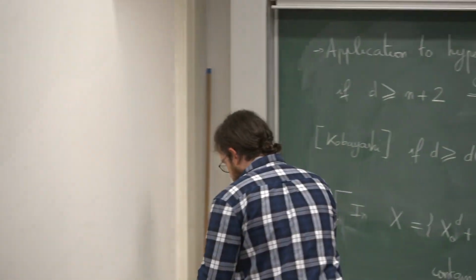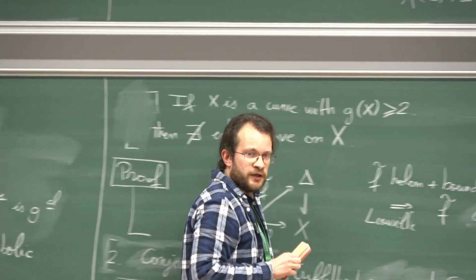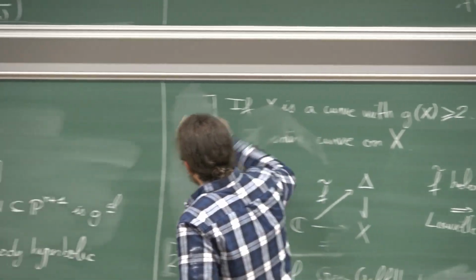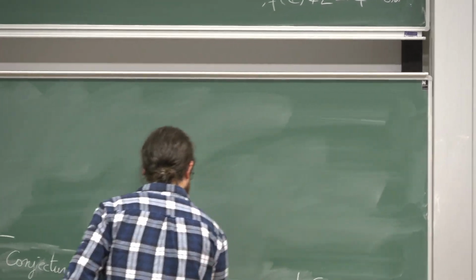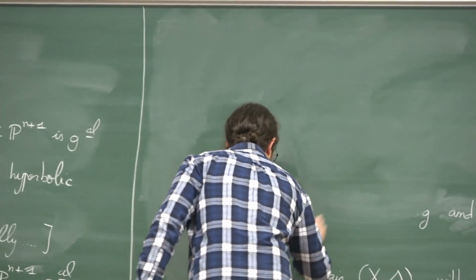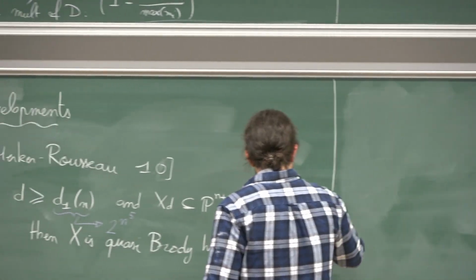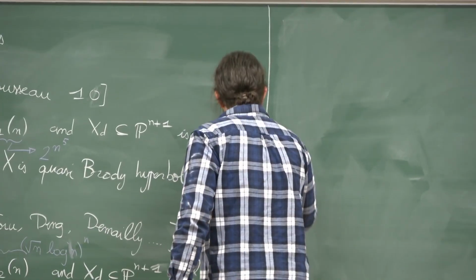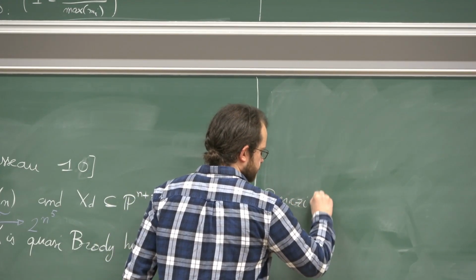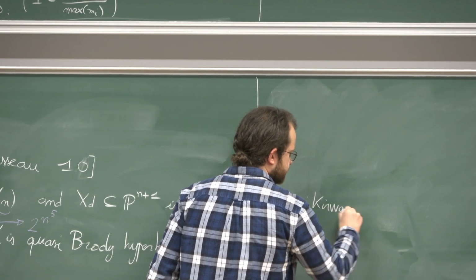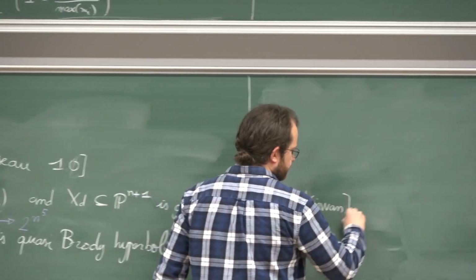And so, using tools that I will describe in a moment, they could show, I write this here. So using non-reductive GIT quotient, Bérczi and Kirwan were able to improve that bound to a polynomial bound.